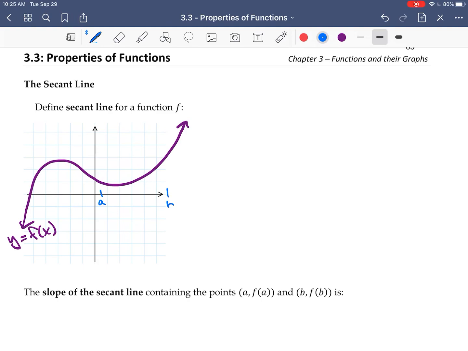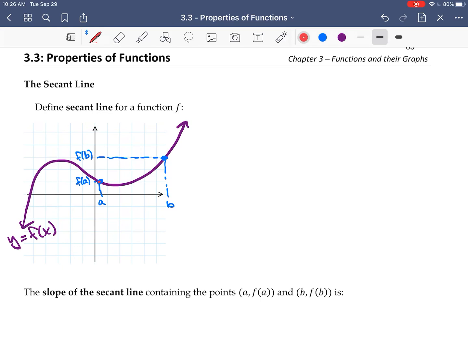And b here. Okay, so that means that this point here is f of b, and this y value is f of a. Okay, so the secant line is going to be the line that connects 2 points.